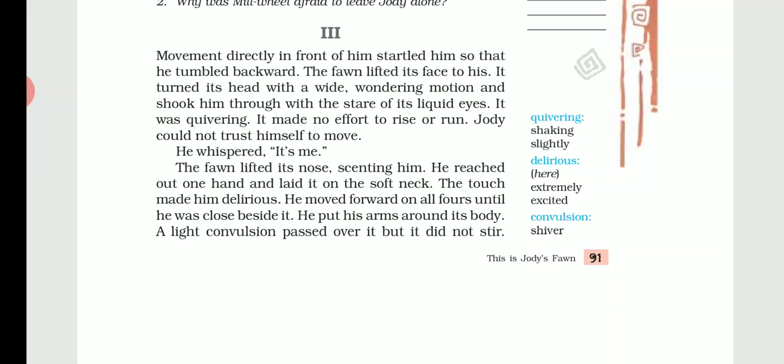The look of the fawn put Jody in shock. The fawn was shaking with a slight rapid motion. The fawn sat still and made no effort to run. He was sitting there and not running anywhere. Okay. Then Jody could not move, but he whispered lightly, "It's me."